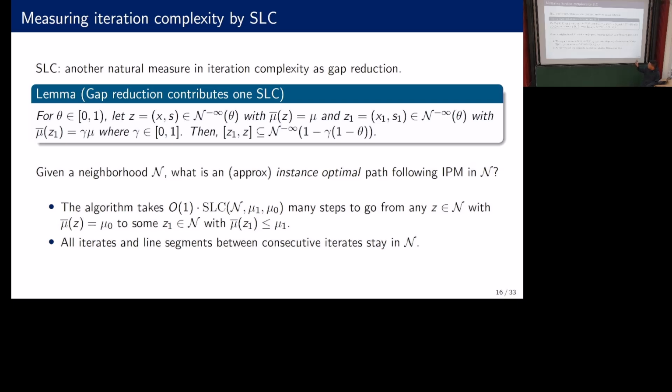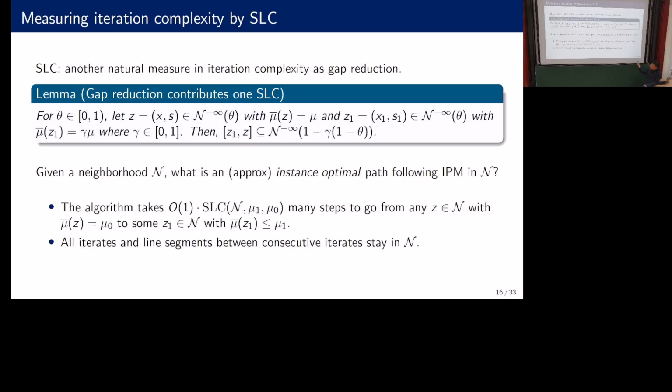And another natural question to ask is, given a neighborhood, what would the approximately optimal IPM look like in that neighborhood? It better satisfy these two criteria. The first is quite natural.